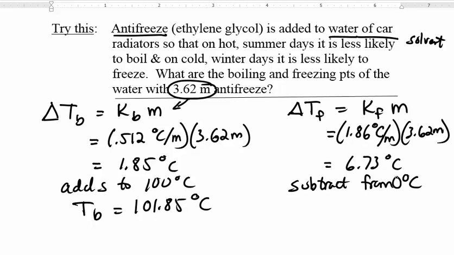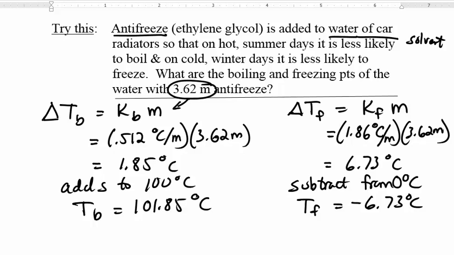So the new freezing point is negative 6.73 degrees C. So when you add this concentration of antifreeze, you're going to raise the boiling point by almost 2 degrees and lower the freezing point by 6 3/4 degrees.